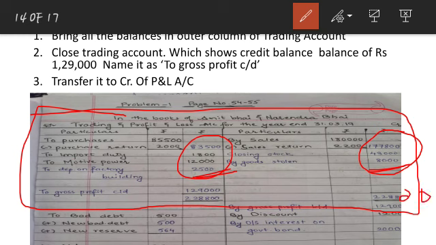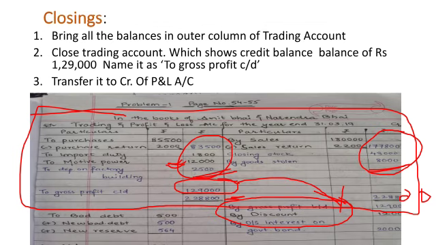Okay, so this is transferred to the opposite side and the total of the debit side is deducted, so you will get 1,29,000 as the balance, which we mention as "to gross profit carried down." This gross profit carried down is transferred to the opposite side of the next account, here, "by gross profit brought down," 1,29,000 rupees.